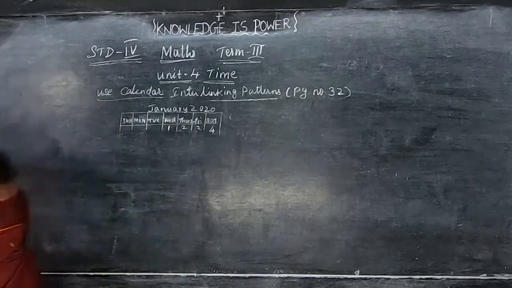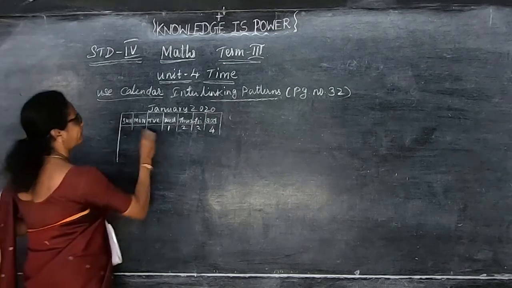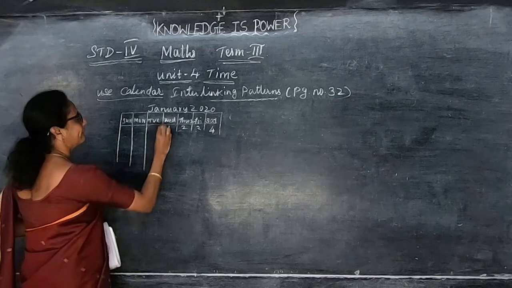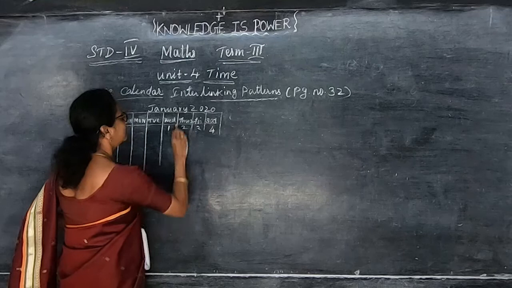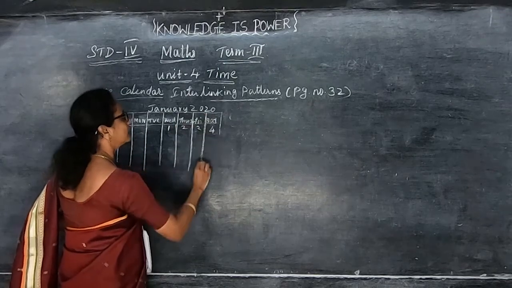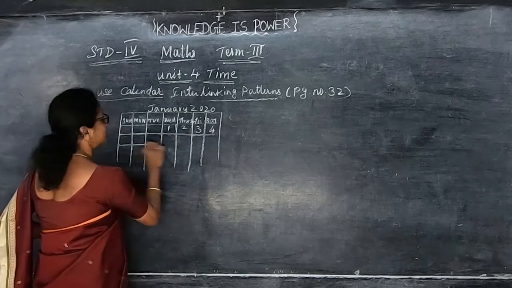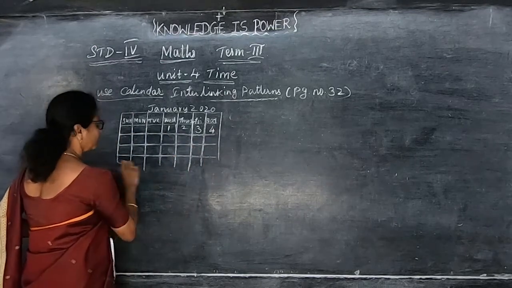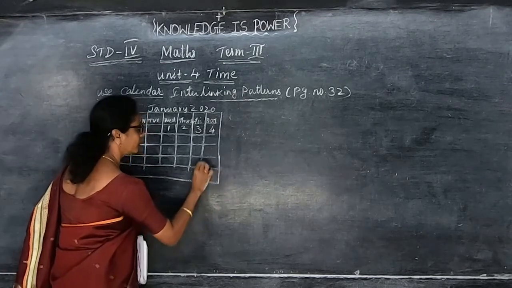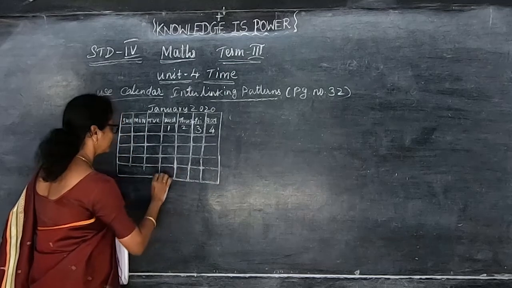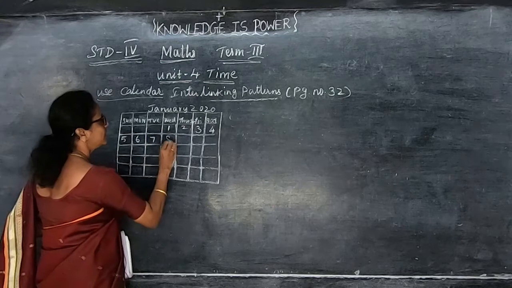So one more is 5, 6, 7. This is the next sum.